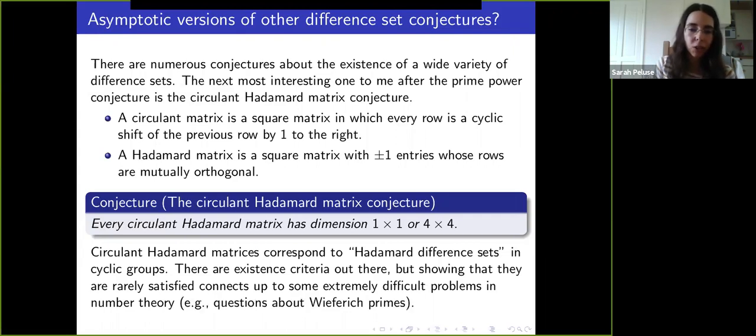This is an extremely difficult question related to the ABC conjecture. So I'd be really interested if someone could prove an asymptotic version of the circulant Hadamard matrix conjecture, because I currently don't know how to.